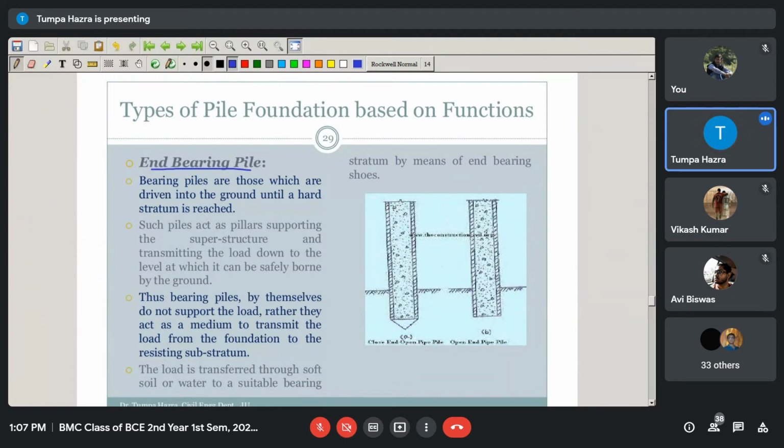So these piles are those which are driven. These are the driven pile, which are driven into the ground until a hard stratum is reached.